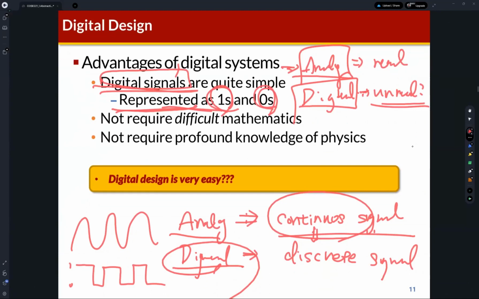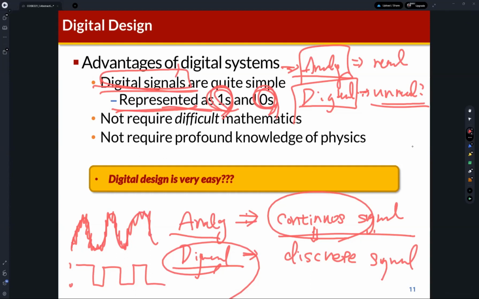But digital signals include only ones and zeros, so digital signals are strong against noise signals. Okay, something like that. If noise is included in analog signals, then the waveform of the analog signal changes.